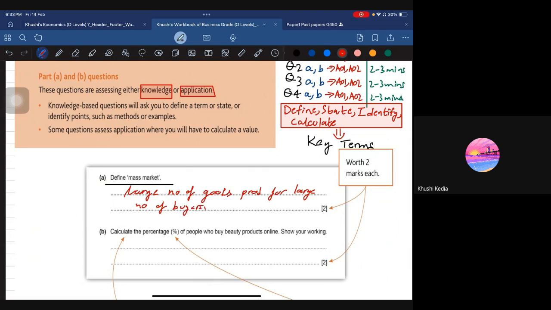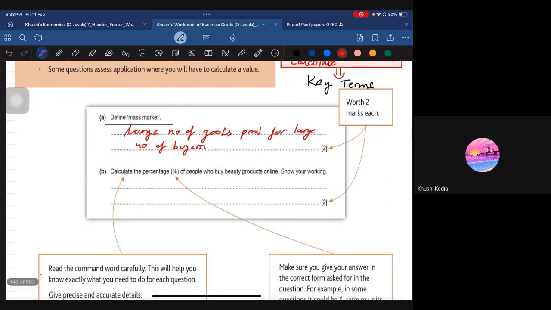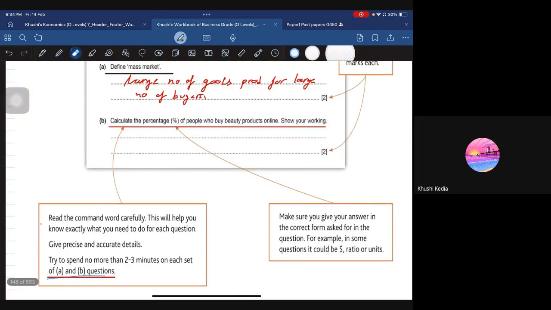The other question could be a type where he's asking you to calculate the percentage of people who buy beauty products online. There must be a case study related to beauty products. What is very important here? Read the command word carefully. This will help you know exactly what you need to do for each question.